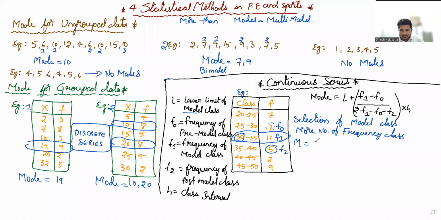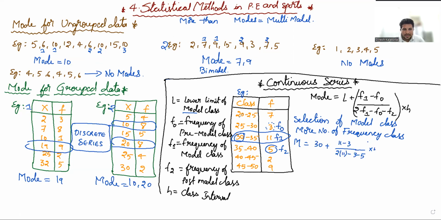So L is 30 plus (F1 minus F0), so 11 minus 3, by (2 into 11 minus F0 minus F2), 3 minus 5, into the class interval.